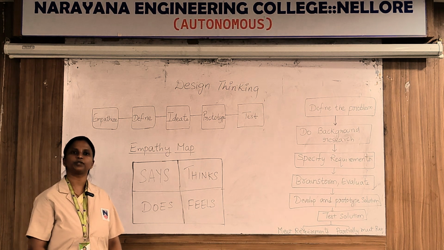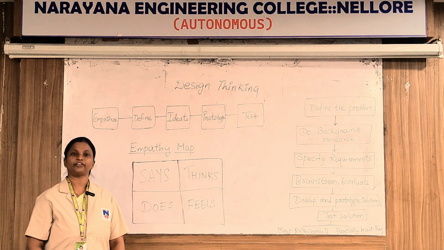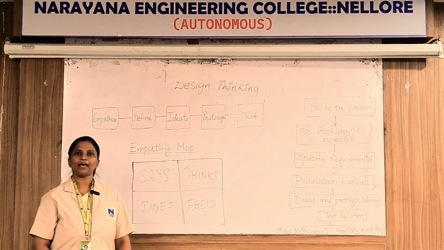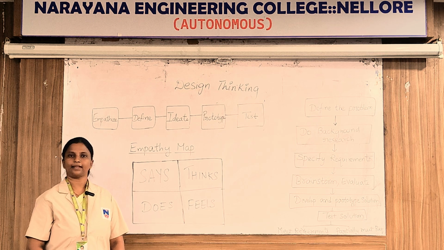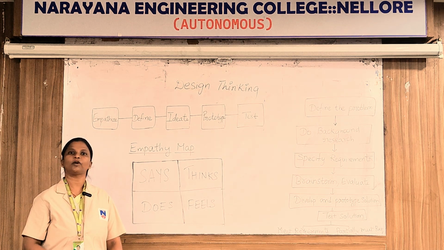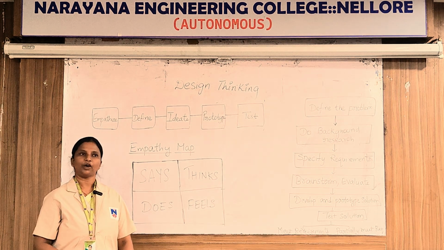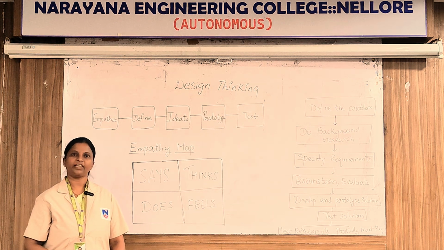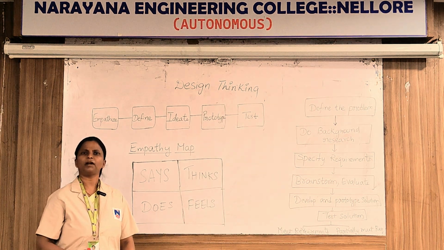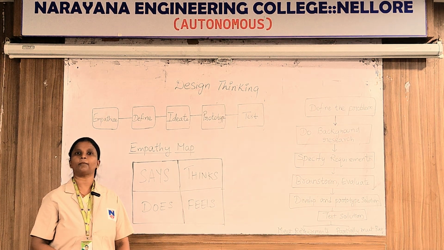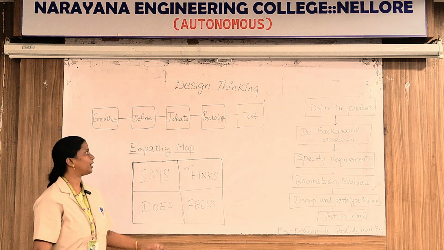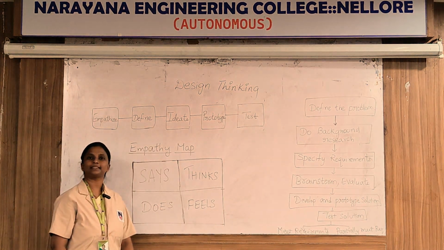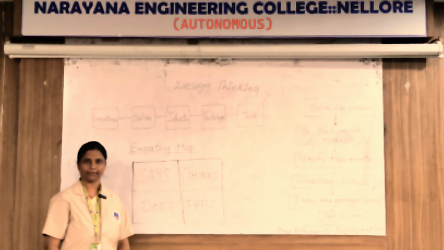Ideate refers to the various ideas that are being generated. As I said, design thinking is an iterative process. A cycle of events will be repeated. We have a problem, we approach that problem in multiple ways and we generate multiple ideas. So this idea generation is the third step of design thinking.